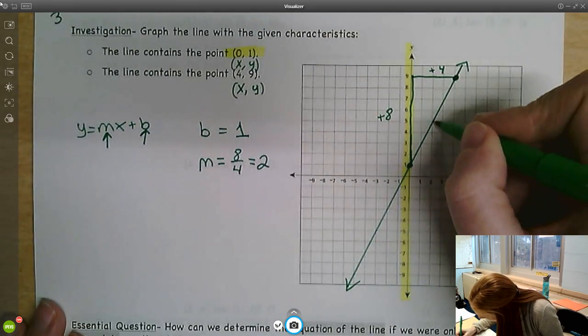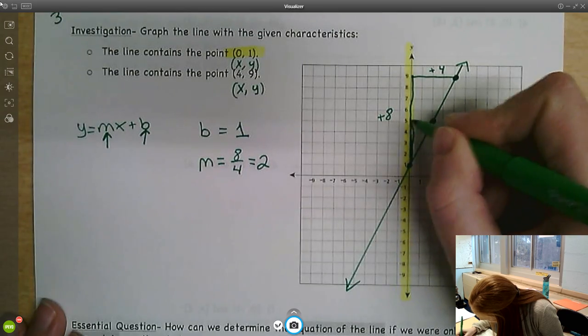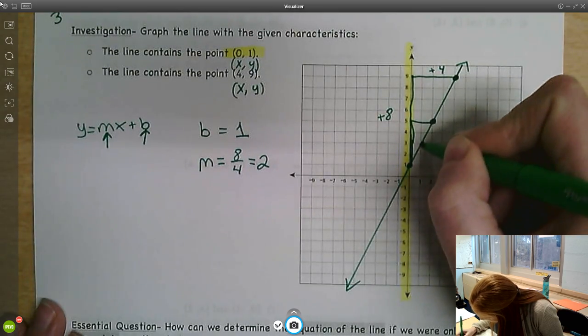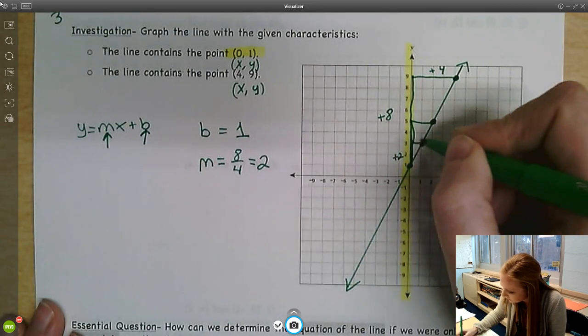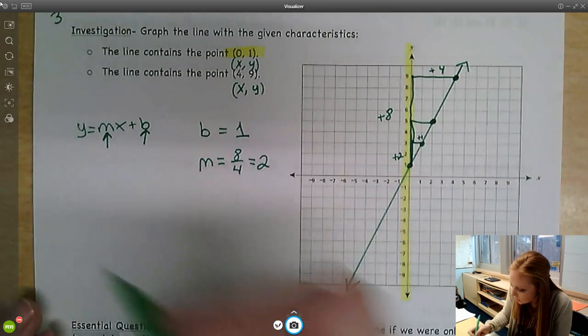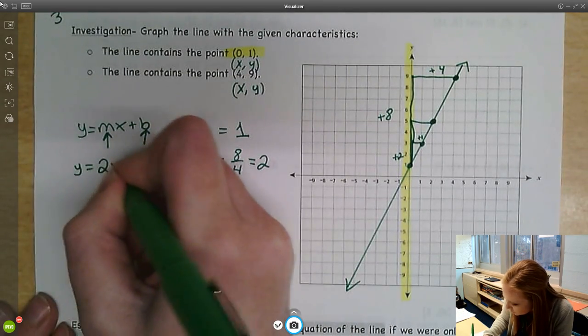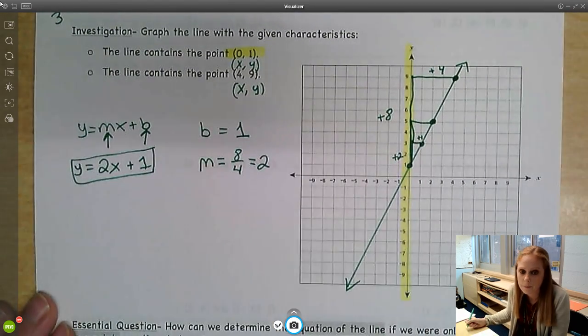That means that we probably could have done a slope triangle that was only 4 over 2, and then even less, we could have done 2 over 1. But hey, we used the 2 points they gave us. Doesn't matter. Now let's plug in our m, which is 2, and plug in our b, which is 1, and we have our equation of a line.